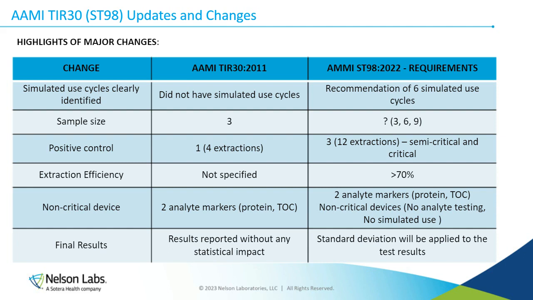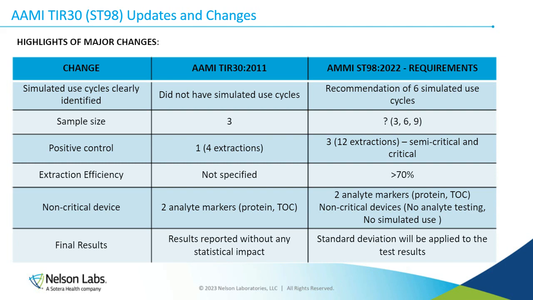Positive controls have increased. We only did 1 positive control. Now it requires that we do 3 positive controls for semi-critical and critical devices. These are the devices that penetrate through the skin into the bloodstream for critical, and mucous membranes for semi-critical. So for those you have to do 3, but you can still do 1 positive control for the non-critical devices.